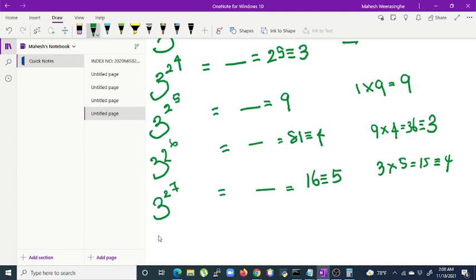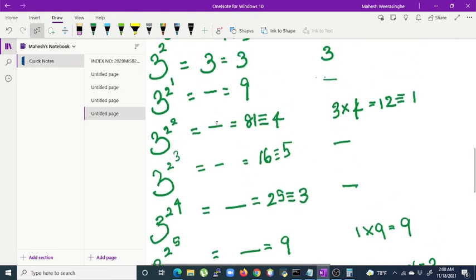Okay. Let me go to the next step. 3 to the power 2 to the power 8 equals 9 square, 5 squared is 25, and it's congruent to 3 because when I divide 25 by 11 it's 22, and the remainder is 3. So let me check whether 2 to the power 8 is 1.